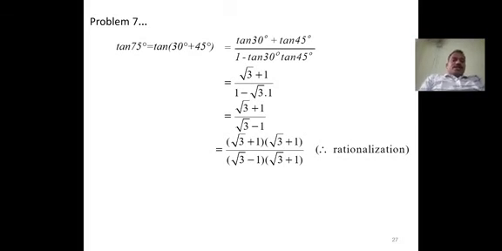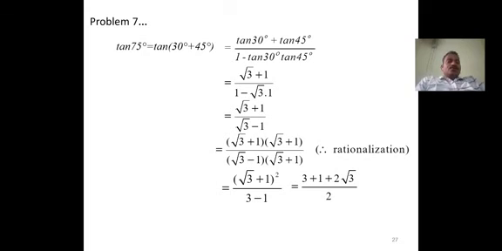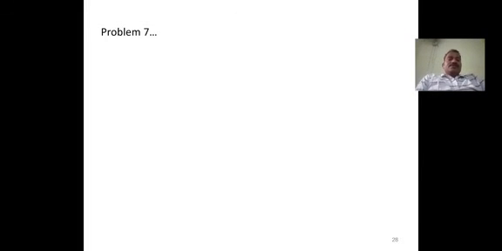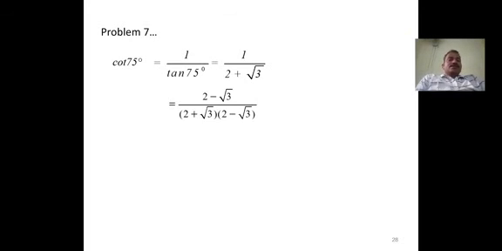So after rationalizing, here the rationalizing factor is root 3 plus 1. So multiply and divide with root 3 plus 1, you get (root 3 plus 1) whole square by 3 minus 1, that is 3 plus 1 plus 2 root 3 by 2. So after taking 2 common, 2 plus root 3 is the result of tan 75. Similarly, cot 75 is 1 by tan 75, that is 1 by (2 plus root 3). After rationalizing, 2 minus root 3 is the result of this cot 75. Now the sum of tan 75 and cot 75 is the same as this, it is 4.